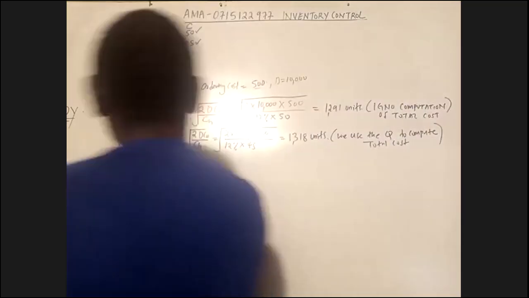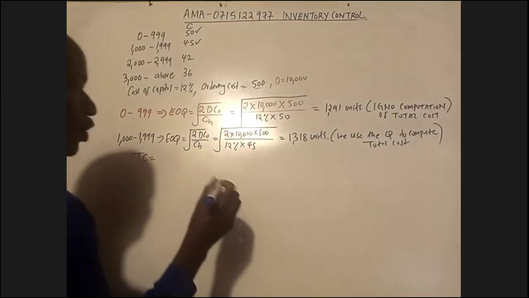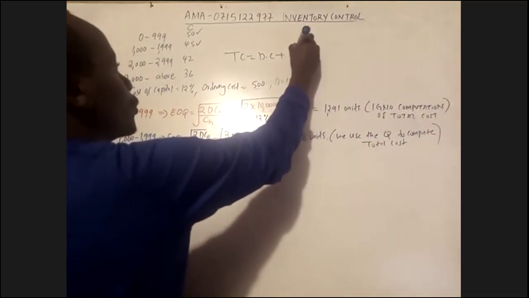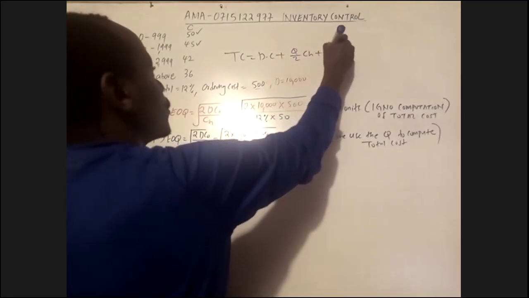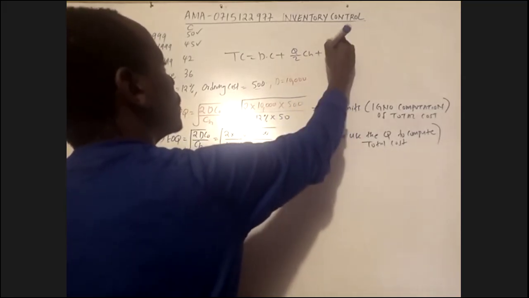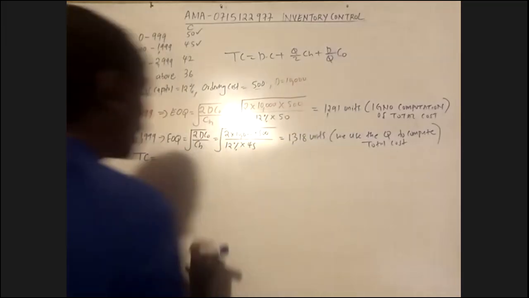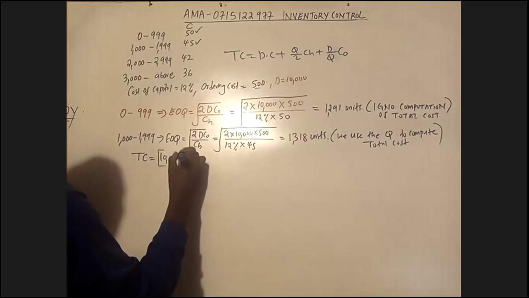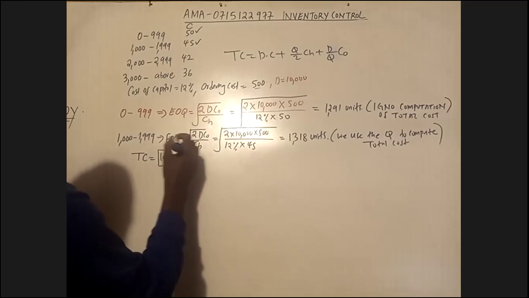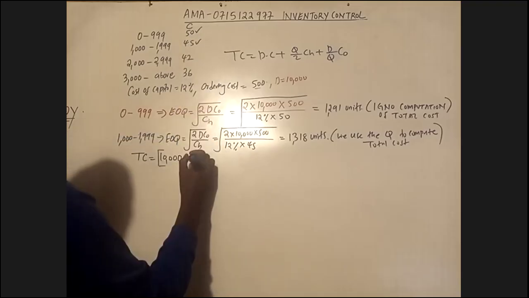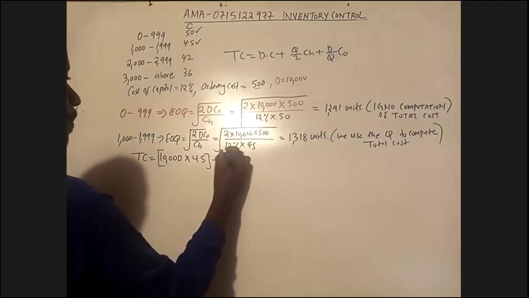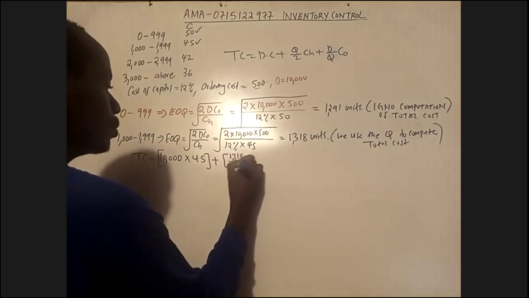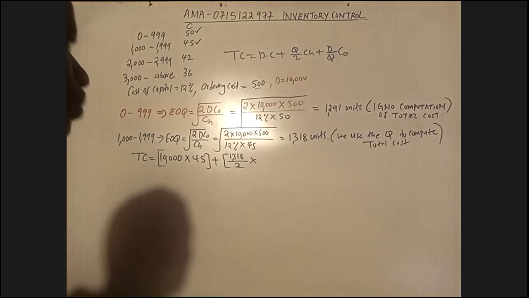We know that our total cost formula is total cost equals DC plus Q over 2 times CH plus D over Q times CO. So our D is 10,000 times our C, which here is 45, plus Q over 2, our Q is 1318 over 2 times CH.